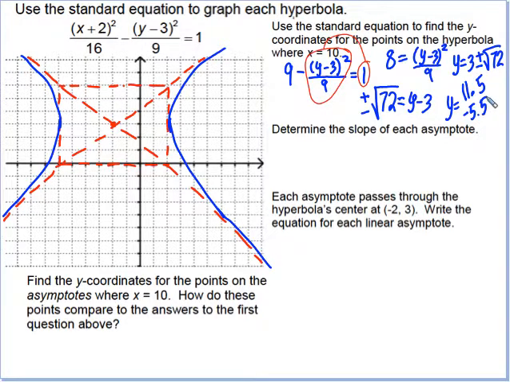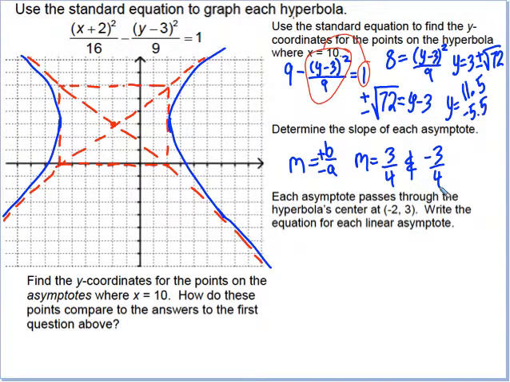All right, so now we need to get our slope. In this case, the formula for the slope was b over a. One of the slopes would be positive, one of the slopes would be negative. So m equals b over a, where b is 3 and a is 4. So I'm going to have 3/4 and negative 3/4.